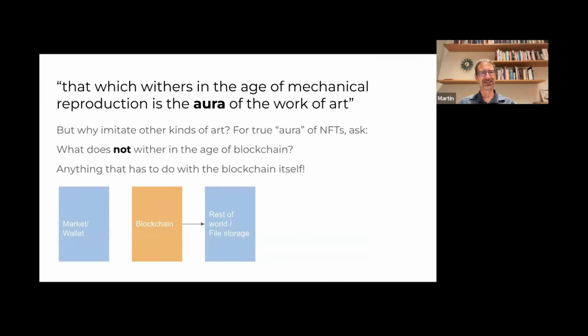I think let's go back to this quote about what withers in the age of mechanical reproduction, but why imitate other kinds of art? For the true aura of NFTs, we have to ask, what does not wither in the age of the blockchain? And there, I would say, it's anything to do with the blockchain itself, just as internet art really began to take off when people used the special things you could do with the internet.